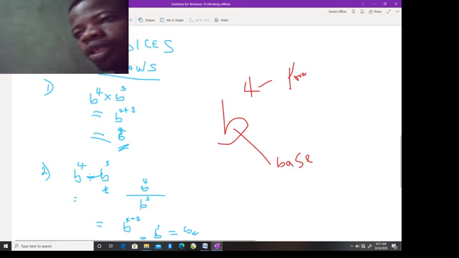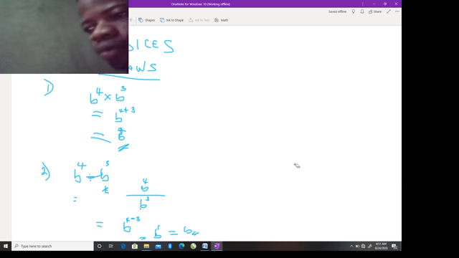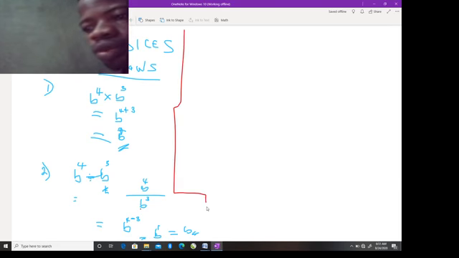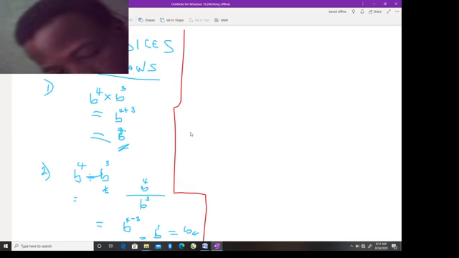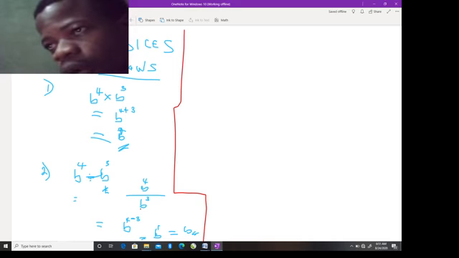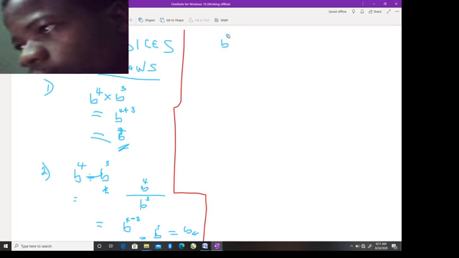Let me partition this part. Another law says that if you have anything raised to power 0, with an exception, let me make this known well, so you have b raised to power of 0.